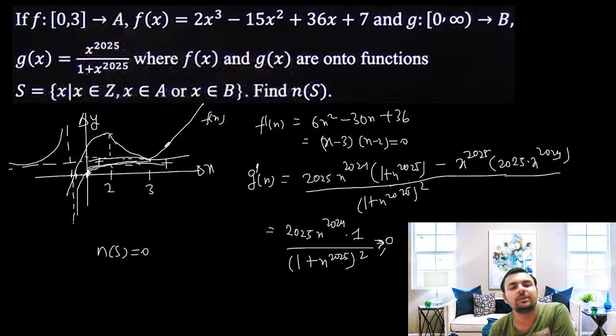Okay. So are they intersecting here? At -1 this has some value. So no, the number of solutions is 0.